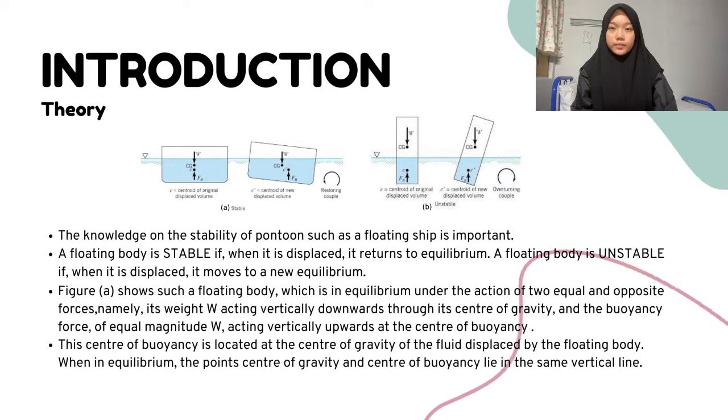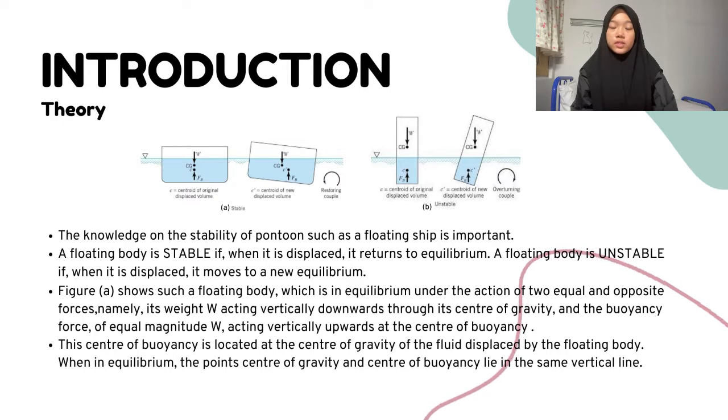In figure A, we could see that there is a floating body which is in equilibrium under the action of two equal and opposite forces. The two equal and opposite forces that I mean are the weight W, which is acting vertically downwards through its center of gravity, and the buoyancy force.